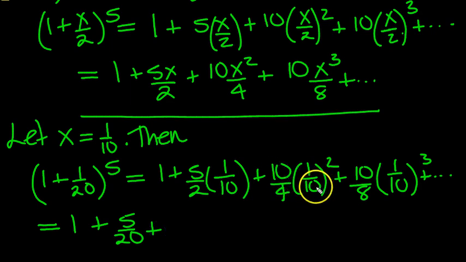One of the 10's cancel, so one of the 10's can go with a 4 to make 40, and we've got 1 on the top. So 1 over 40. Again, this 10 can cancel one of those. There's still 10 squared or 100 underneath. 8 times 100 is 800.